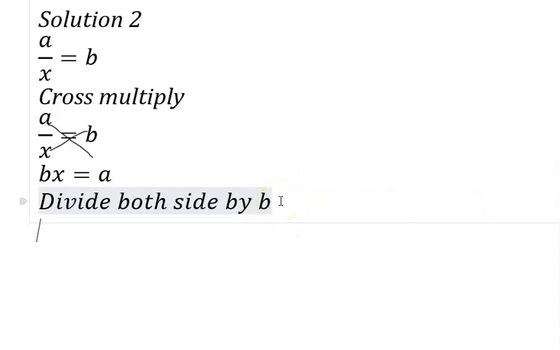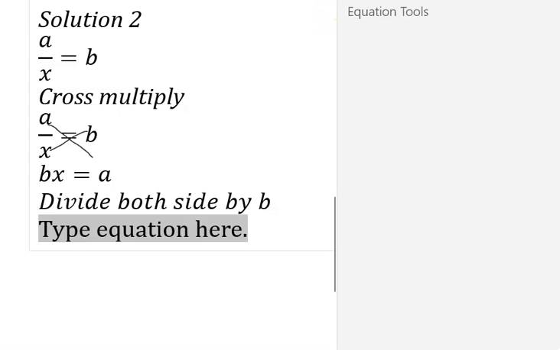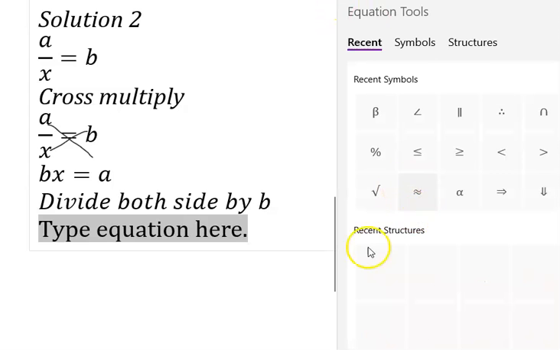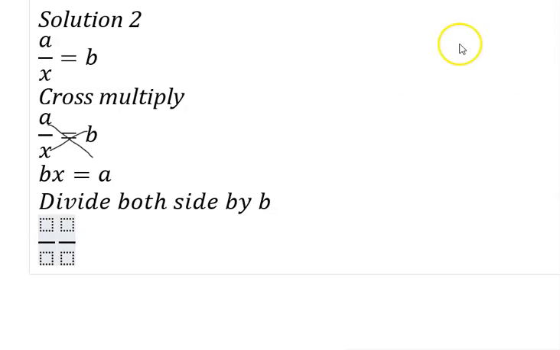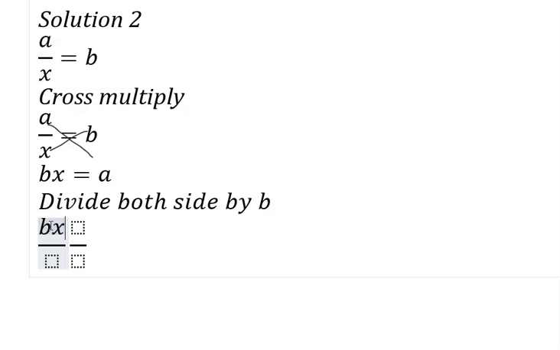So let's get a template. On our left hand side here we have bx. We are actually dividing both sides by b. We have our equality sign. Then on our right hand side we have a.